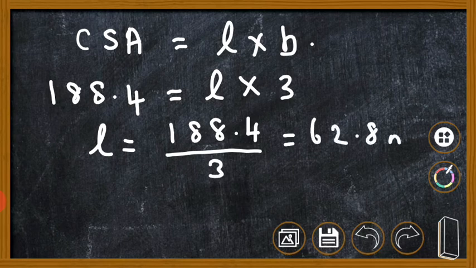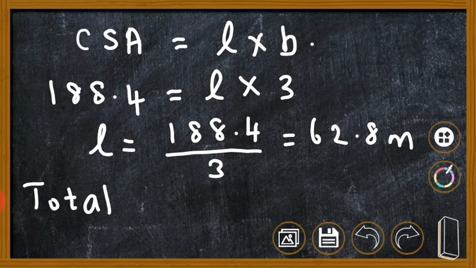You will get 62.8 meter. But in the question it is given that the extra length of material that will be required for stitching, margin and wastage in cutting is approximately 20 centimeter. Therefore, the total length, what is that? The extra 20 centimeter is needed for stitching, margin and wastage.